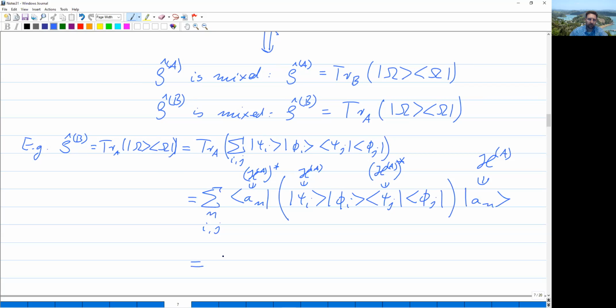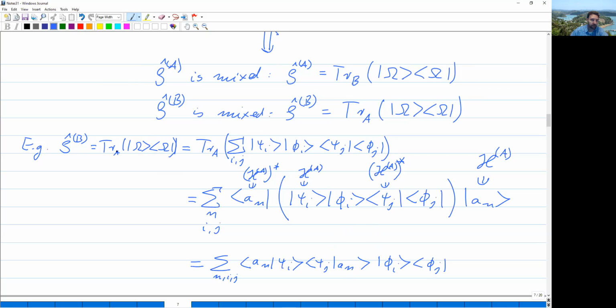So what we have is the sum over n, i, j, and then we have the following numbers: a_n, psi i, that's a number, right? And then from here we have psi j, a_n, and then here we have left over the phi i and phi j. Now, where does this thing live? Well, remember, this is an operator on the Hilbert space of the system AB.